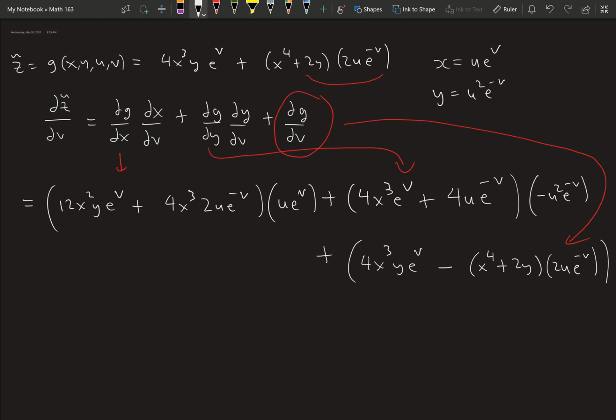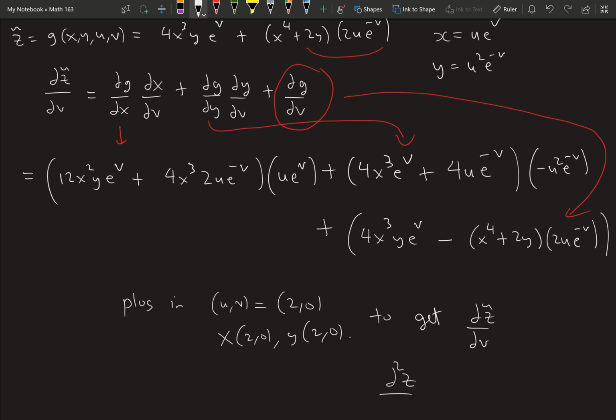And of course, if we wanted to plug in a particular value, you can plug in (u, v) equals (2, 0), and respectively you'd have to plug in x of (2, 0) and y of (2, 0) to get the partial at (2, 0), to get ∂z̃/∂v, which was ∂²z/∂v∂u at this particular point at (2, 0).